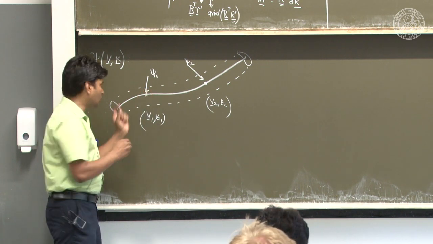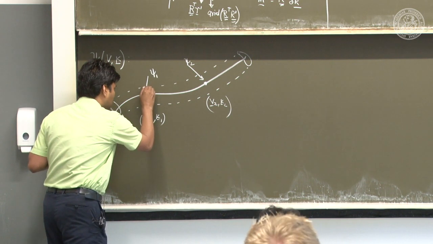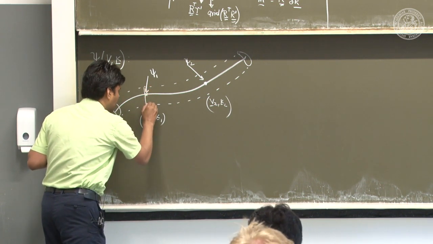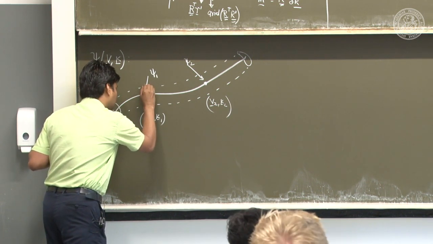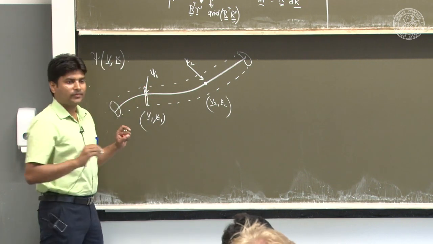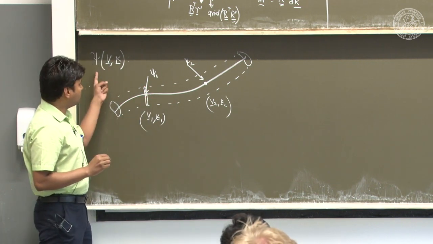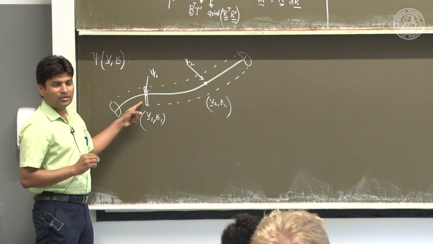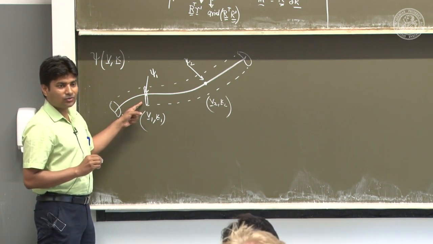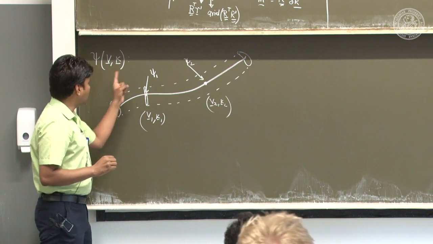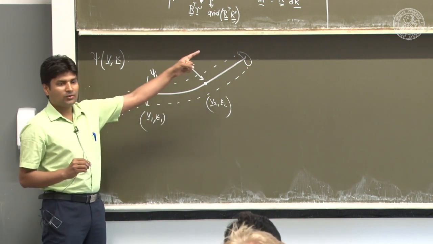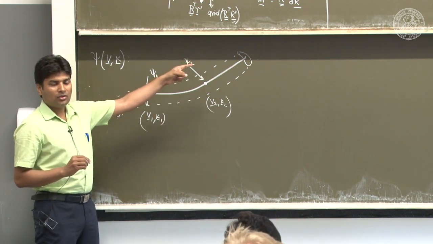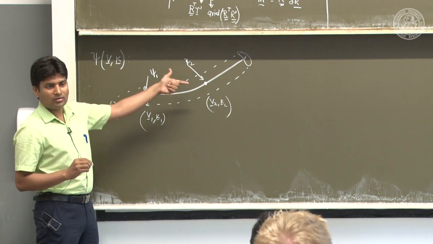So, that is actually the whole cross section, isn't it? It is not just the center line. So, you have to think of a cross section over here, and this psi is the energy of that cross section, isn't it? That is why when you integrate this psi with respect to length of the rod, you get the total energy of the rod.